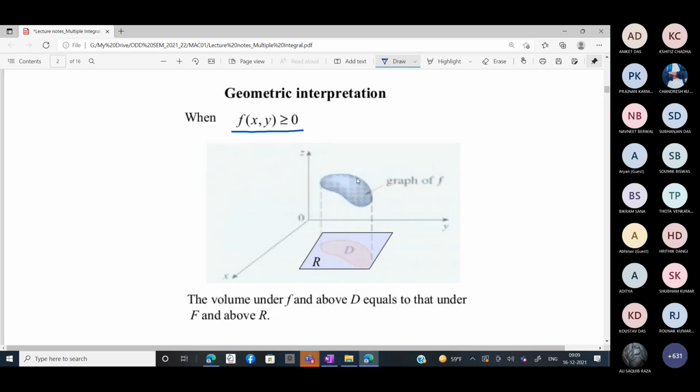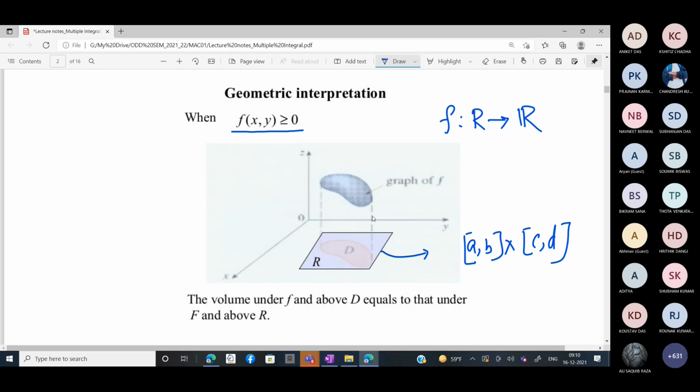So this is a three-dimensional figure: this is the x-axis, this is the y-axis, this is the z-axis. And this rectangle is basically your AB cross CD, right? This is your rectangle R. This is the domain of definition of your f. f is a function from R to the real line. So this is the graph of the function.